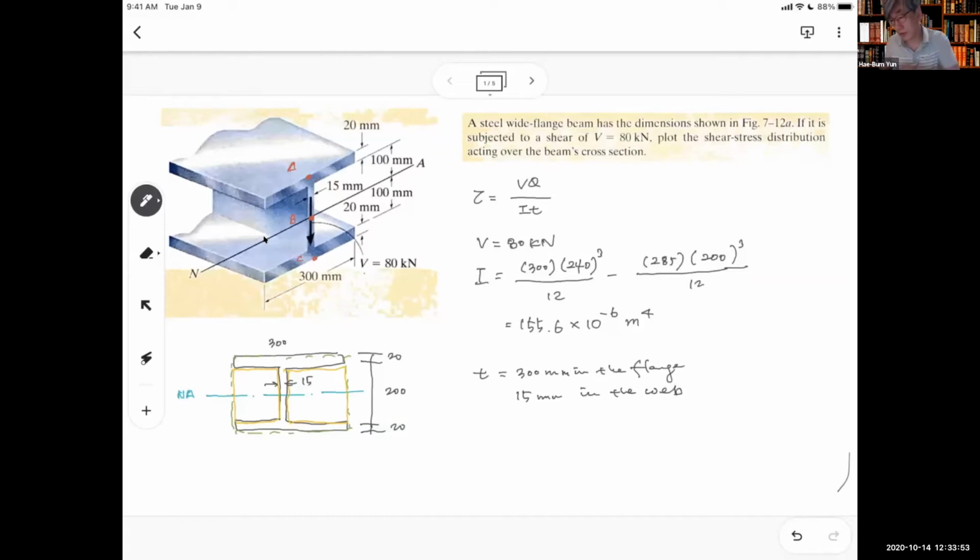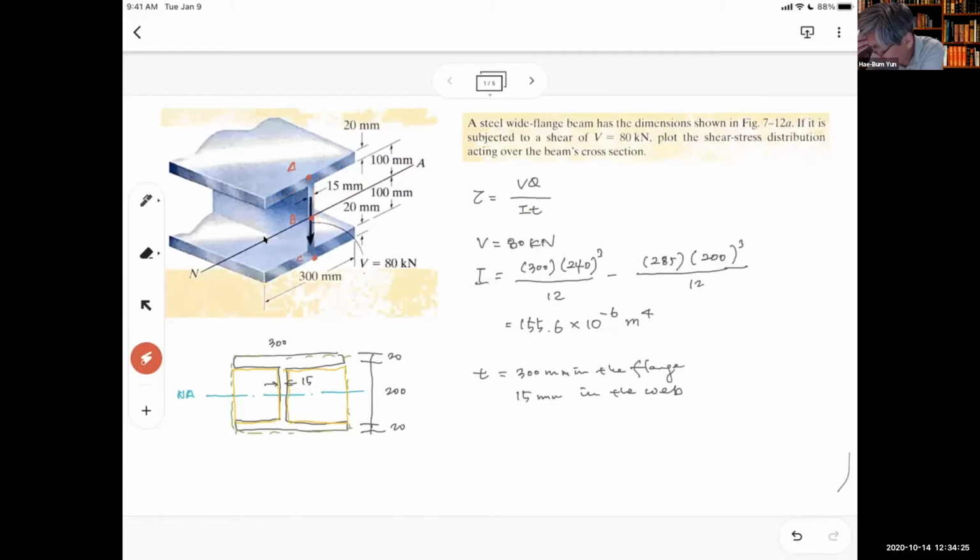So interestingly, back to the equation here, since t is 2, that means we will have a discontinuity of the shear stress distribution in the flange and in the web.